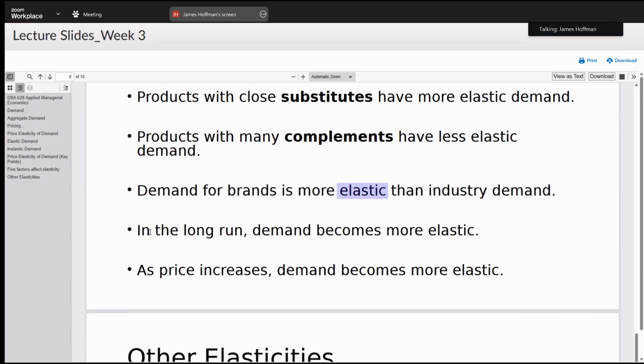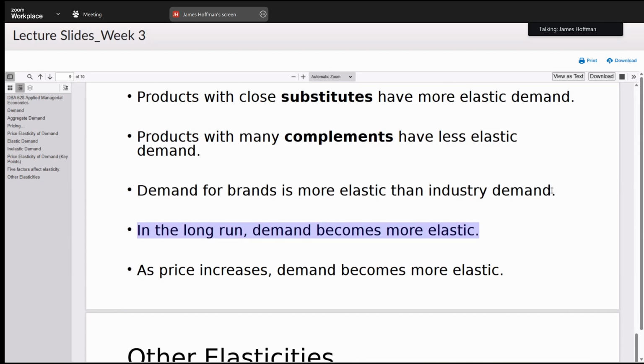Okay. In the long run, demand becomes more elastic. That should also make sense based on the gasoline example, because in the short run, the price goes up from $5 to $10. Most people buy it, right? But let's say that price stays at $10 per gallon for 2 years.